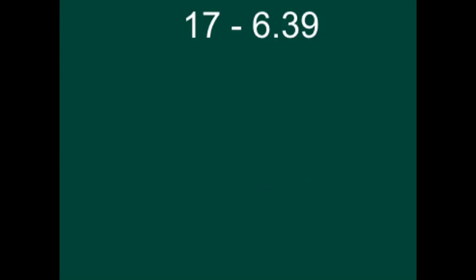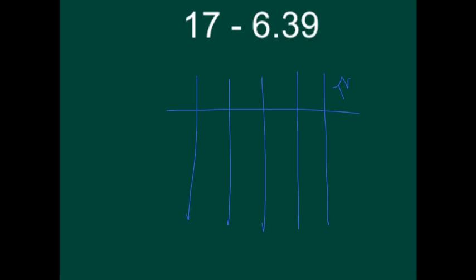Next question is, what is 17 minus 6 and 39 hundredths? Set up our place value chart again. Tenths. Decimal right before the tenths, but after the ones. So I have 17 minus 6 and 39 hundredths.